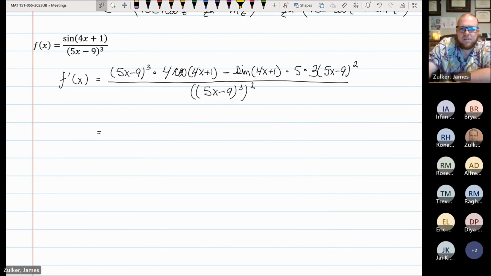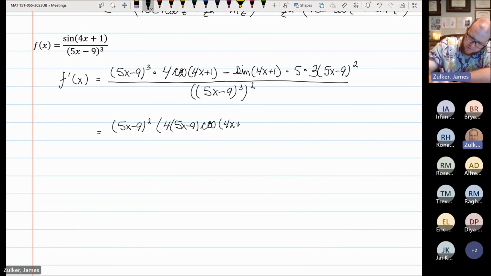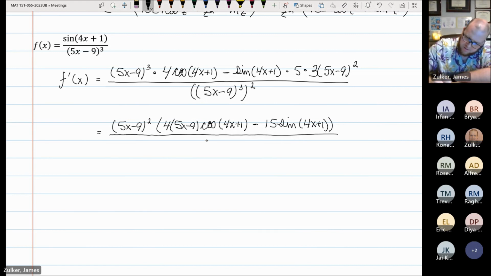Now we just have to simplify. Factor out the 5x minus 9 squared, left with 4 times 5x minus 9 times cosine of 4x plus 1 minus 15 sine 4x plus 1. And over 5x minus 9 to the 6th power.